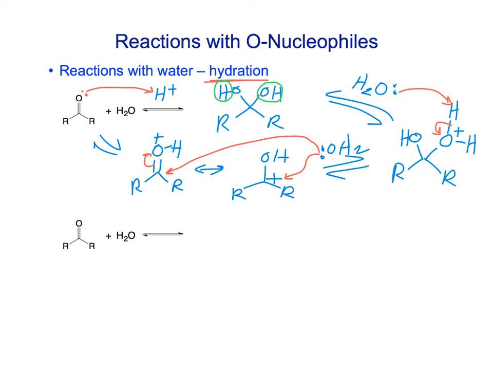The bottom one looks just the same, but this one we're going to use hydroxide instead, so we have basic conditions. Now we have a much stronger nucleophile. Hydroxide is a much better nucleophile than water is, so we don't need to protonate the oxygen. Hydroxide is strong enough on its own, so it's going to react directly with the carbonyl carbon.